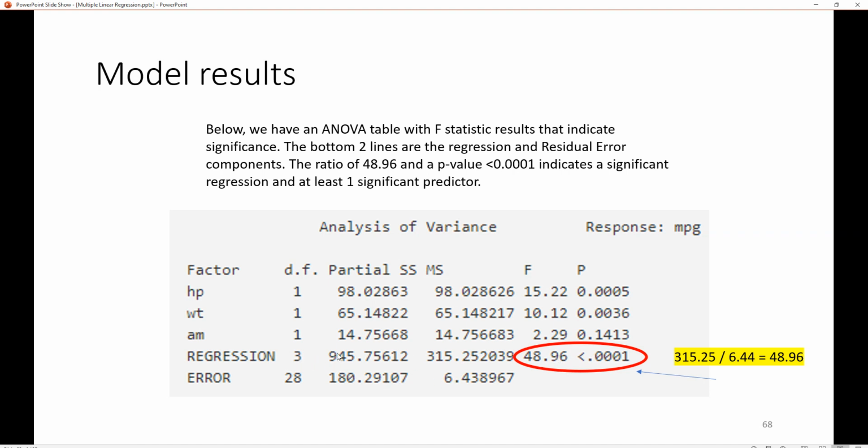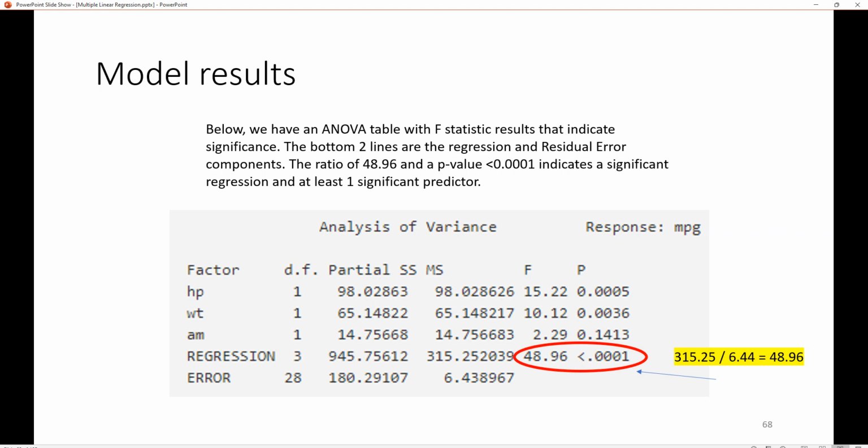So if we only had the regression line and the error line, and actually, if we just had the regression line, we would say, yes, this is a significant model. And because it is significant, we know at least one of those predictors must be significant. Here, because we have the full set of rows of data, we can see that it's horsepower and weight.